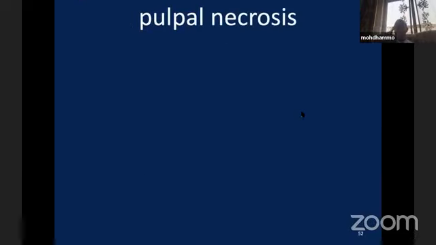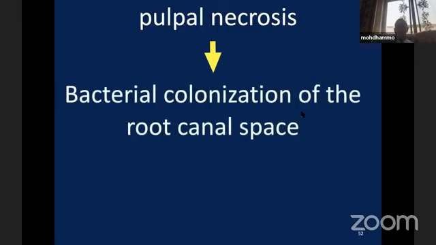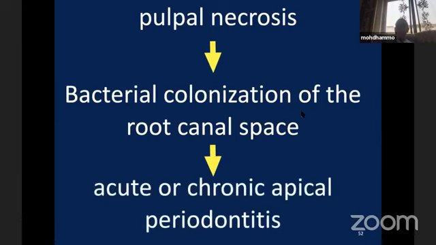If the patient does not go to a dentist, this will advance to pulp necrosis. Then the bacteria will colonize the root canal space. Then acute or chronic apical periodontitis might occur.